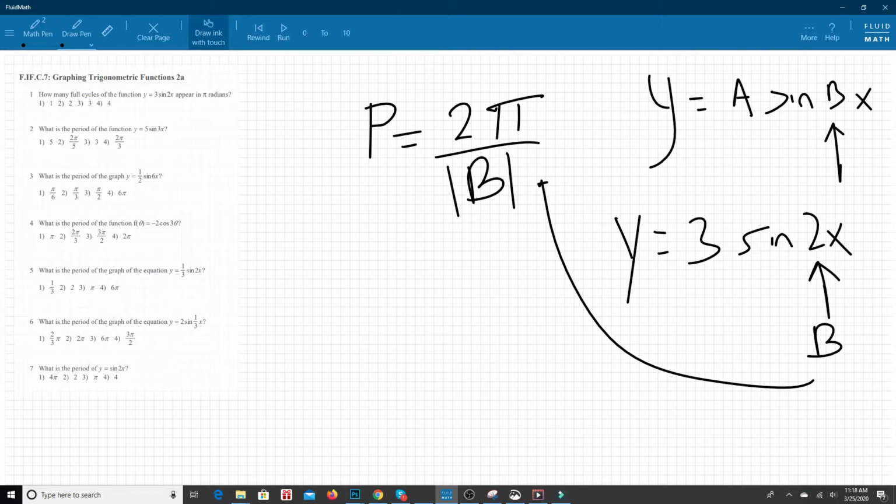It says how many full cycles of the function y equals 3 sine 2x appear in π radians. In other words, they want to know how many periods, how many full cycles, you have in this one right here.